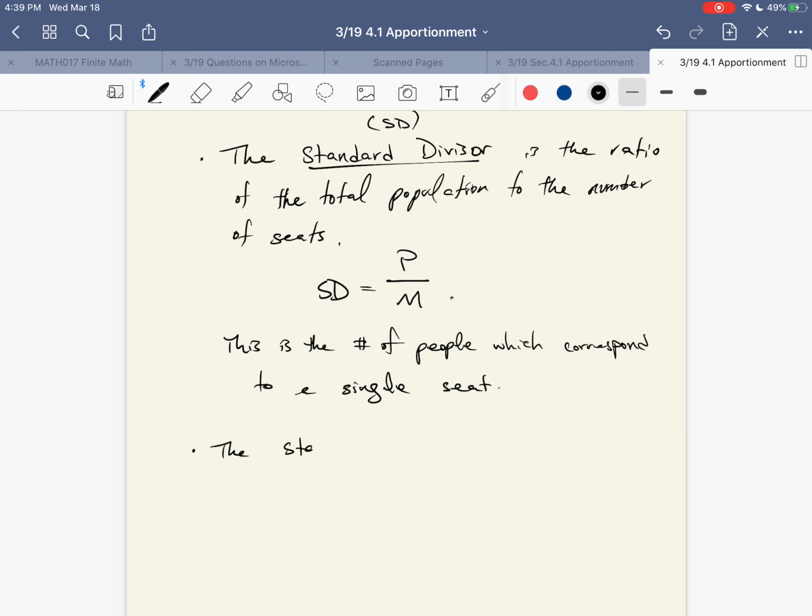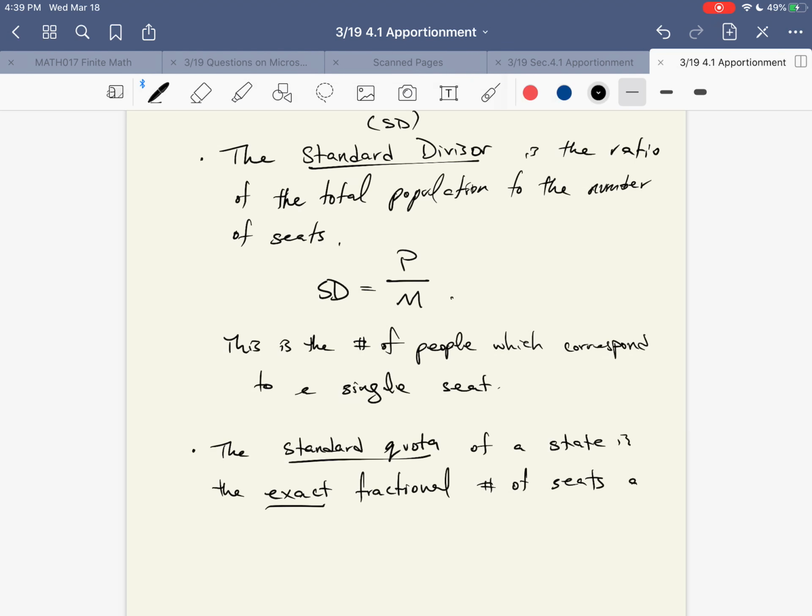So, the standard quota of a state is the exact fractional number of seats a state would get if fractional seats were allowed.